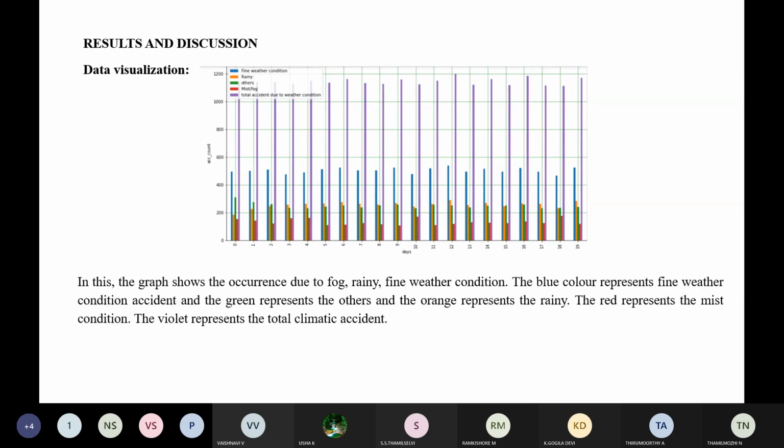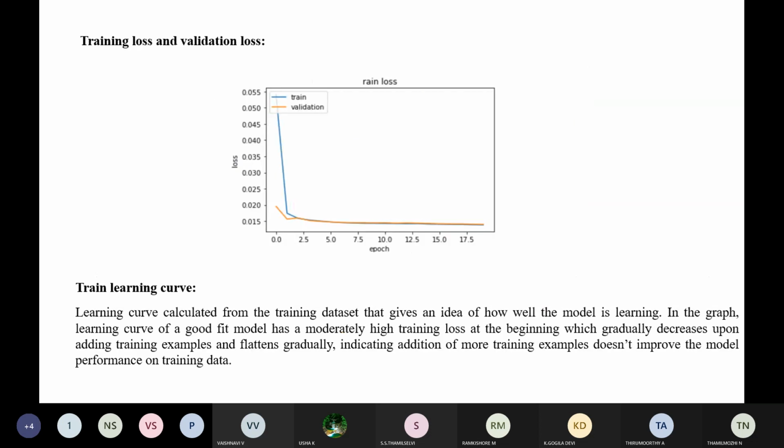The data set contains the total accidents due to weather like fog, rain, and fine conditions. We visualized the data because a graphical representation of information makes it easier to identify patterns and outliers.